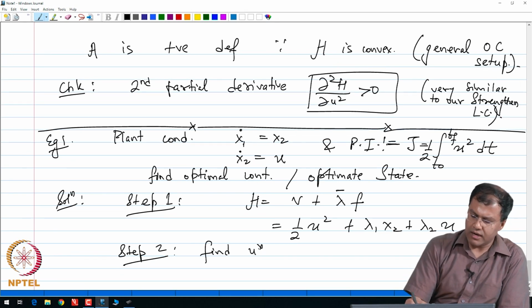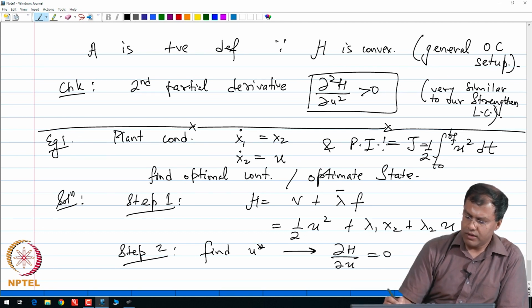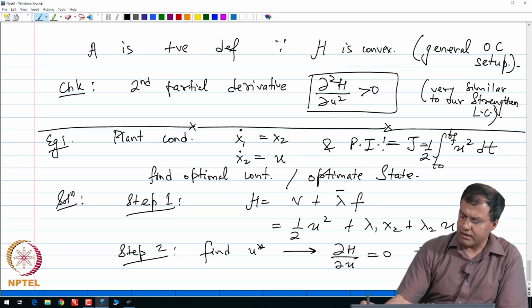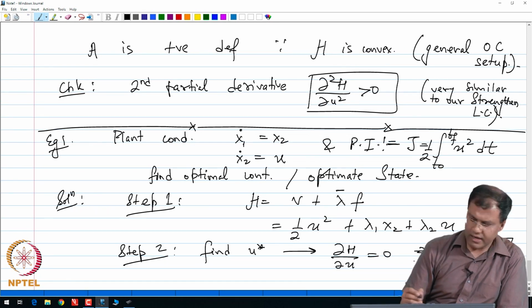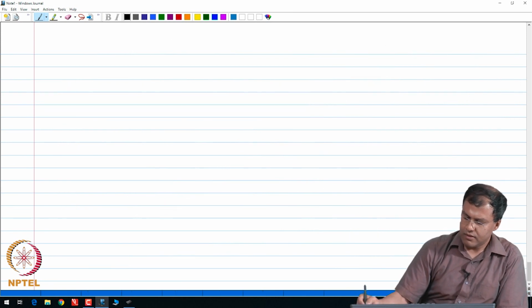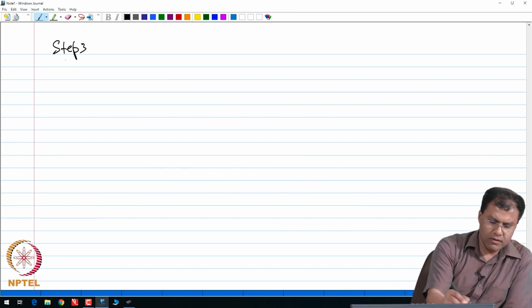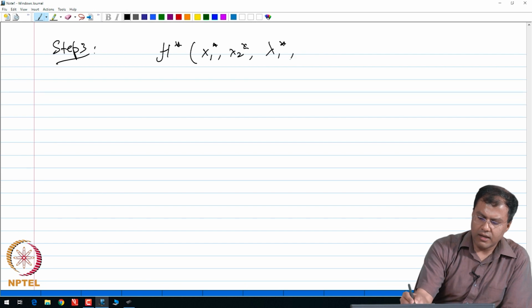We find u star by differentiating H with respect to u and setting it equal to 0. After we do that we see that u star becomes minus lambda 2. We plug it back to get our optimal Hamiltonian, where u is removed from this equation. Step 3 is to find my optimal Hamiltonian, which is now a function of x1 star, x2 star, lambda 1 star, lambda 2 star.